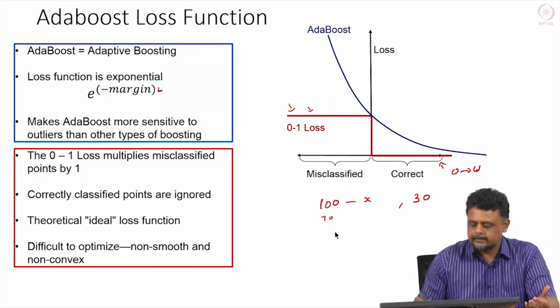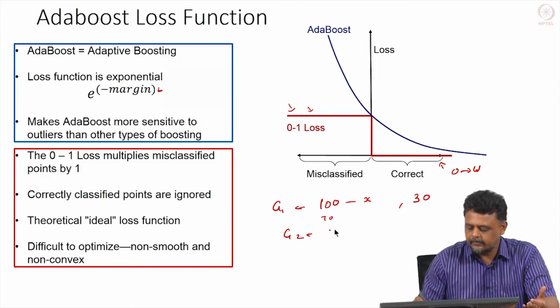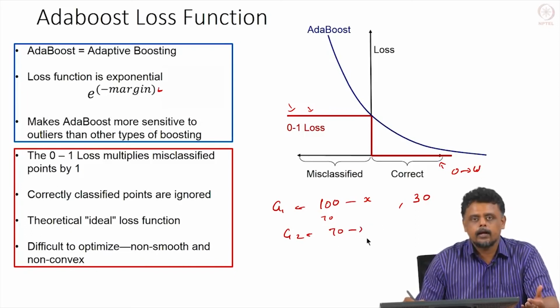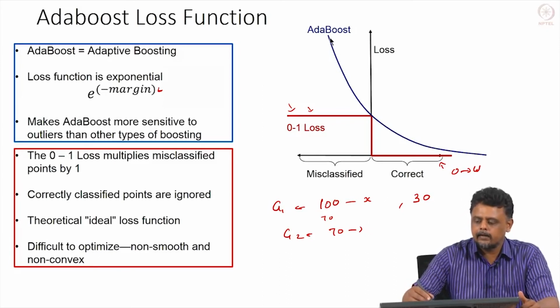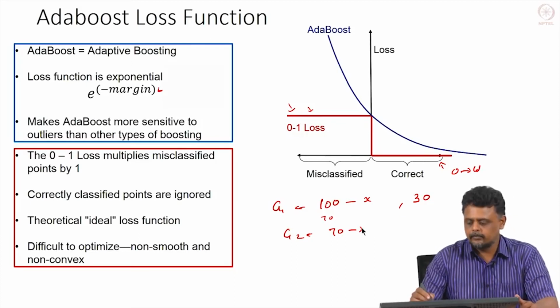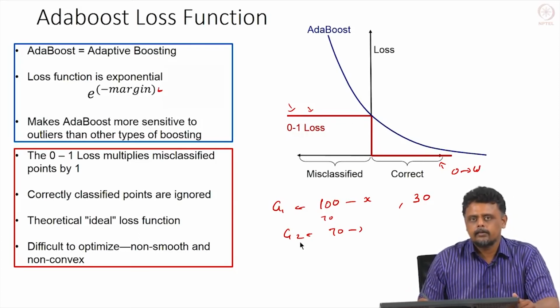Then in the next step, so this is G1 and this is G2, you take the 70 and fit another classifier. But this problem, even though it looks very appealing, does not give good results because it is a difficult problem to optimize. On the other hand, having an exponentially decreasing loss function instead of this step loss function helps improve your fitting.